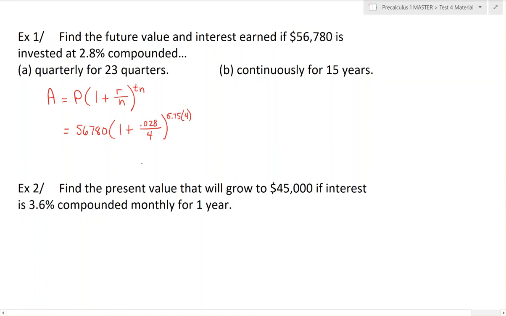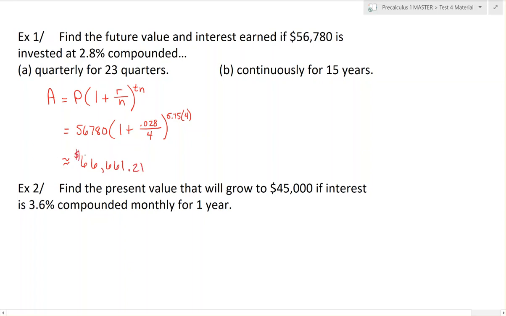And all you need to do is put that into your calculator, 56,780 times parentheses 1 plus 0.028 divided by 4 with an exponent of parentheses 5.75 times 4 and close your parentheses, and we get $66,661.21.